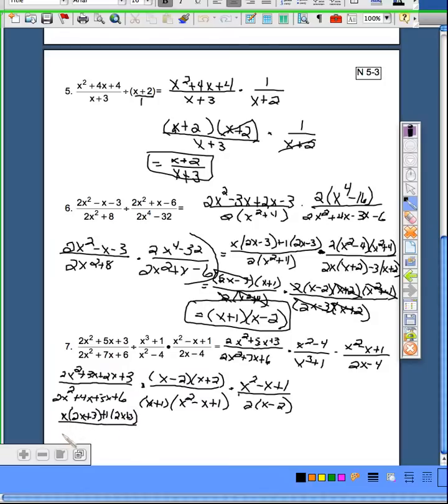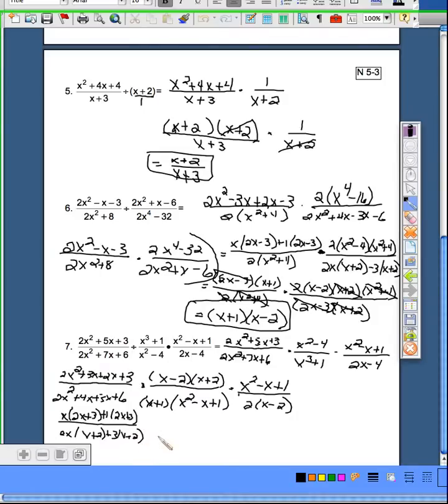And then this one, we factor out a 2x, and that leaves me with x plus 2. And we factor out a 3, and that leaves me with x plus 2.